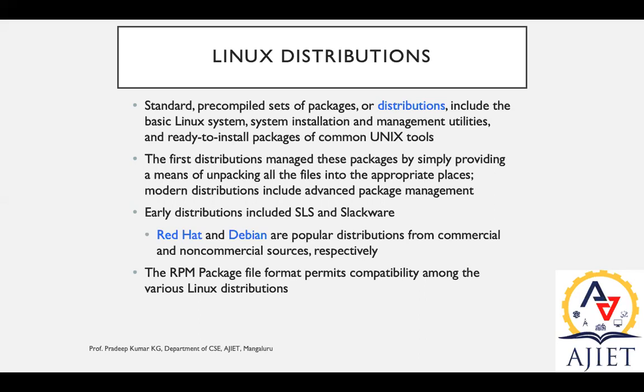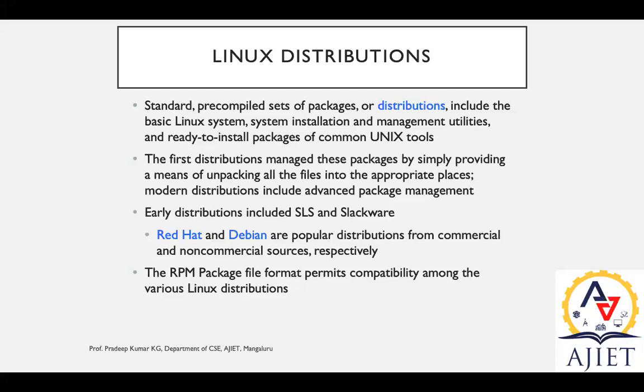The early distributions included SLS and Slackware as well. Right now in the market, we have Red Hat and Debian as popular distributions from commercial and non-commercial sources respectively. And we have the RPM package file format.